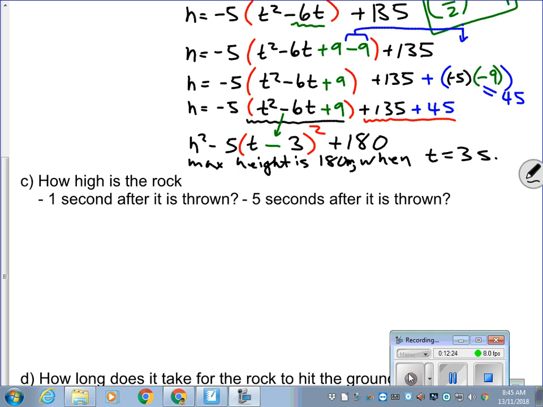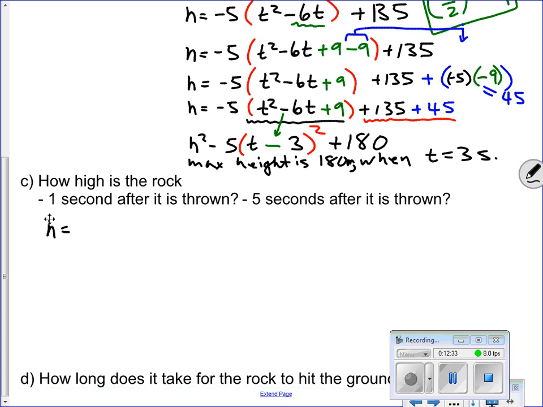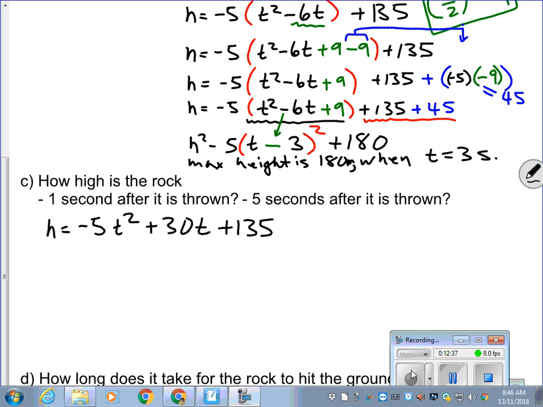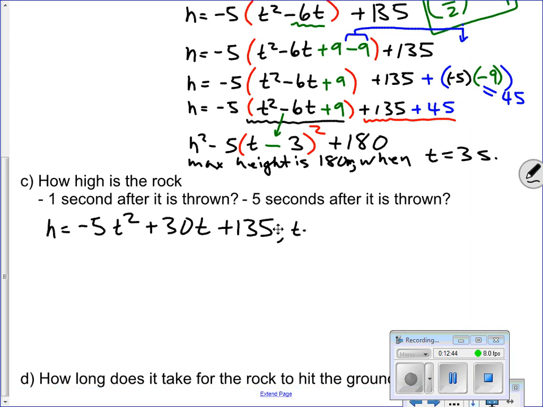So the last part of the problem asks us, what is the height after 1 second? This is how you get it. Well, h is equal to negative 5t squared plus 30t plus 135. So what you're going to do is let t equal 1 in our equation. So we get h equals negative 5 times 1 squared plus 30 times 1 plus 135.